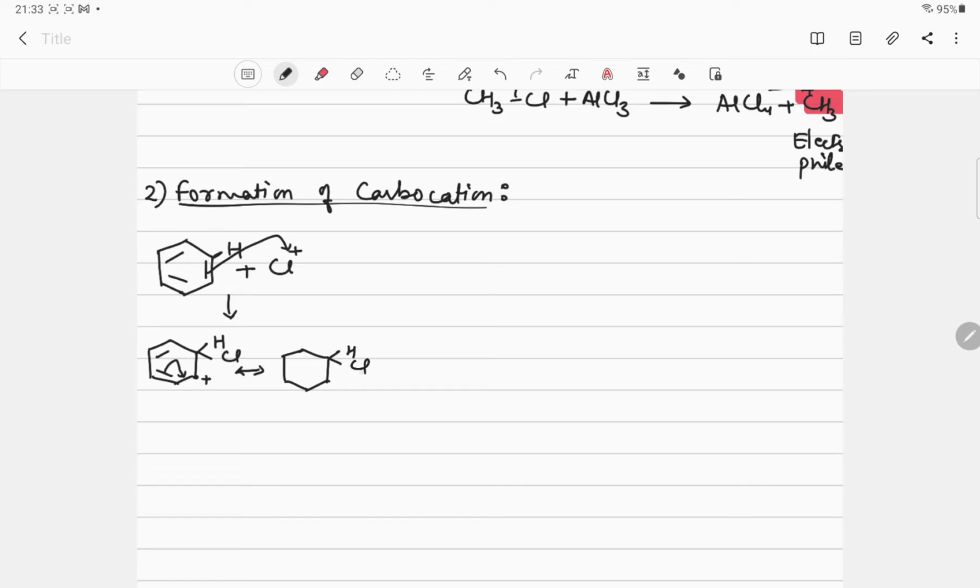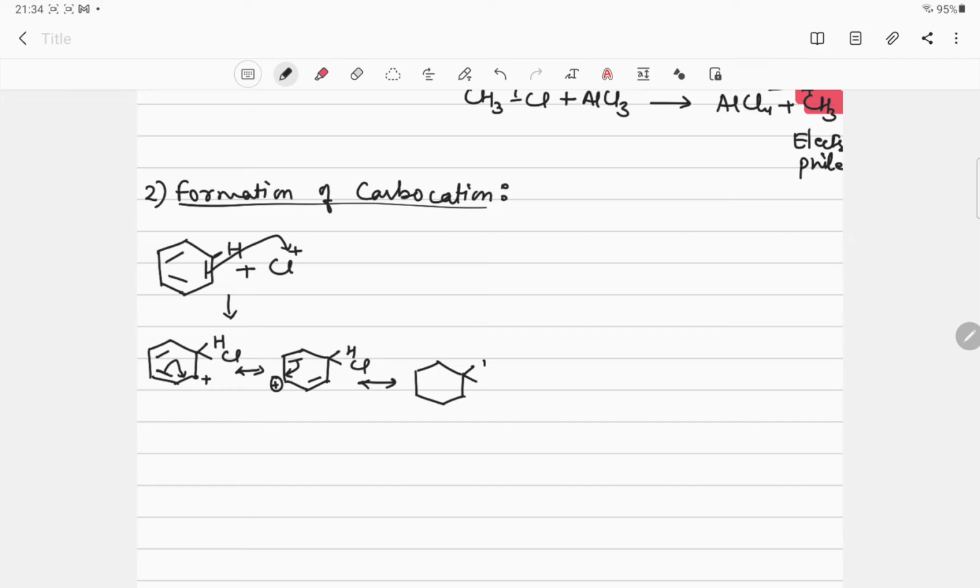This will remain as it is. This pi bond will remain as it is, and this pi bond is shifted here. And that's how this carbon will become positively charged now. Now this positively charged carbon will withdraw this pi pair of electrons towards itself. That's how the next carbocation structure, the resonating structure formed, will be.